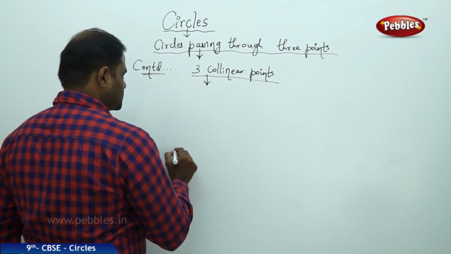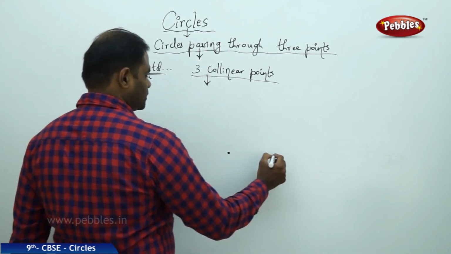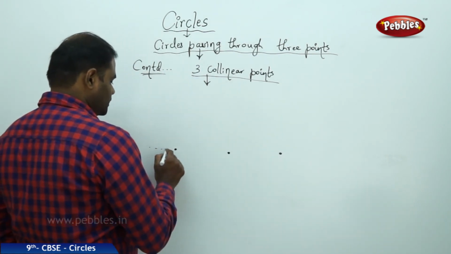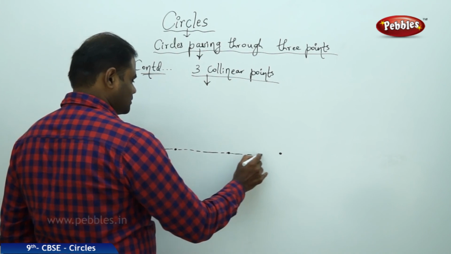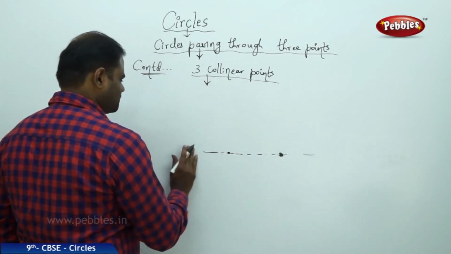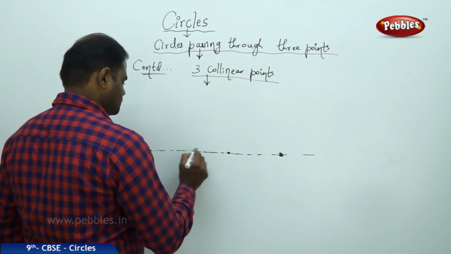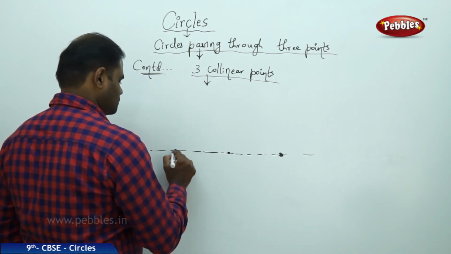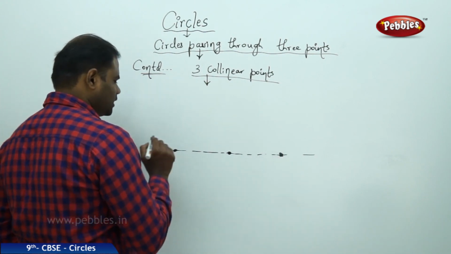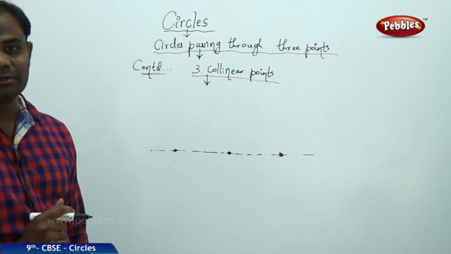Say my 3 points are A, B, and C, which are in a straight line. Collinearity in the sense they are in a straight line. So I have the points A, B, and C which are collinear.